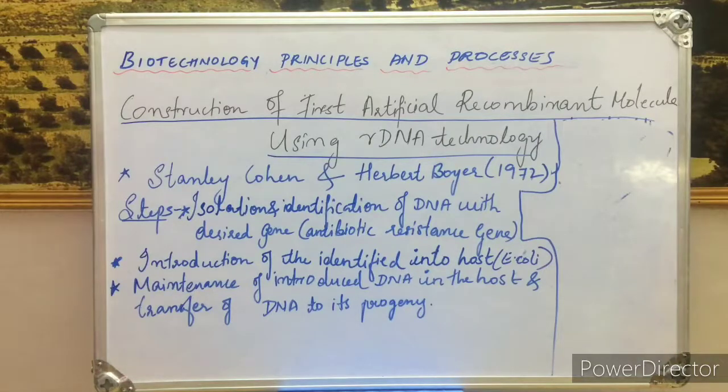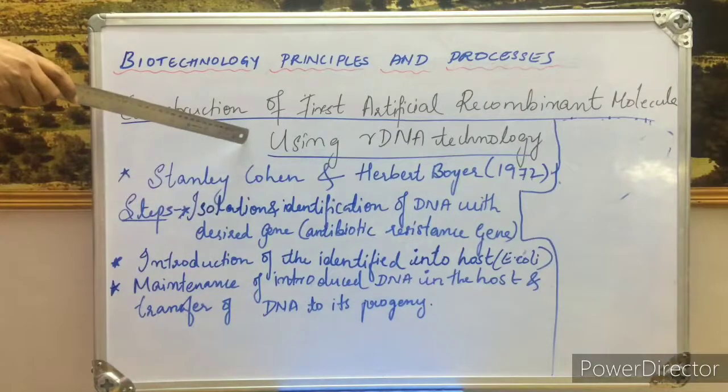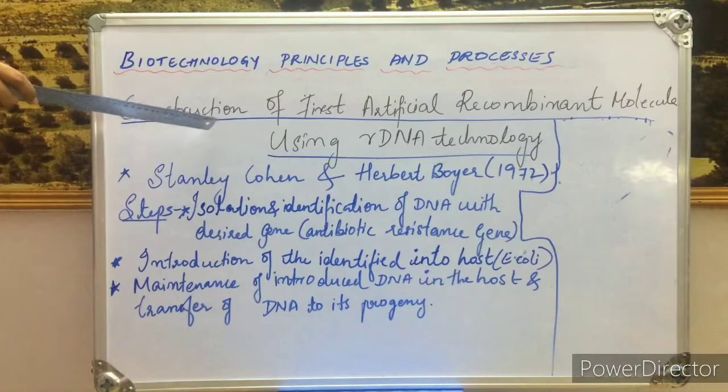Now we will see the first example of recombinant DNA technology, that is the construction of the first artificial recombinant molecule using rDNA technology. You are now aware of the terminologies such as gene transfer, gene cloning, vector DNA, recombinant DNA, origin of replication, DNA ligase, DNA polymerase.